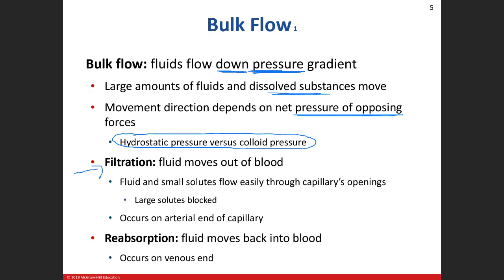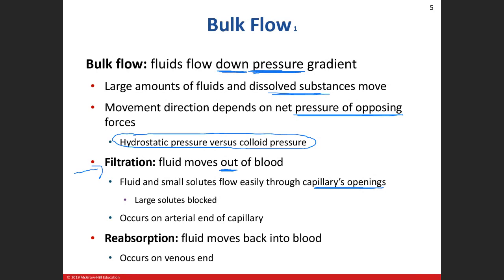Filtration is basically when we move something out of the blood. Since we're talking about bulk flow, we're dealing with fluid. So filtration is moving the fluid out of the blood. And that's usually going to occur through the openings in our capillaries, unless you have some pretty big openings there.